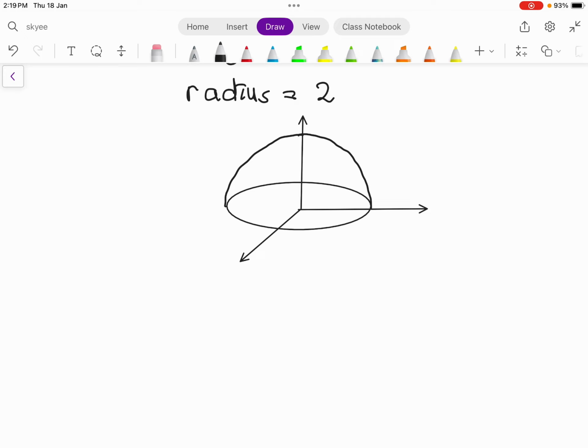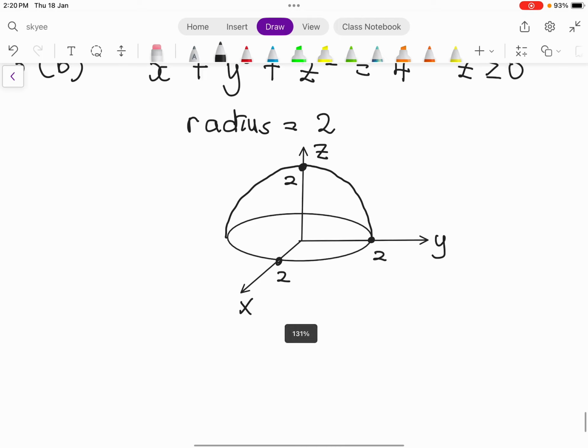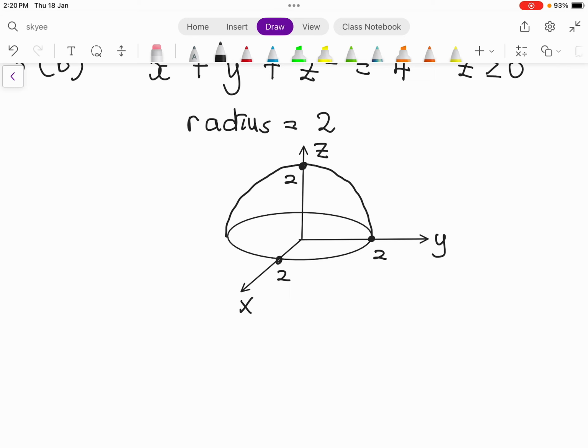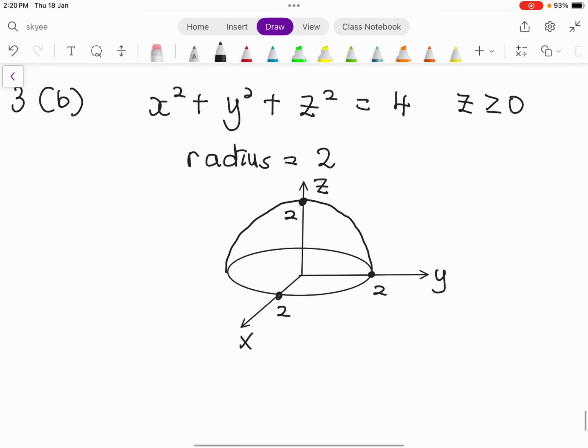Something like this. So you label it, and the most important thing is you must label some points in the 3D graph to tell us that you know what the radius of this 3D graph is. So this is question number 1. You have sketched it.